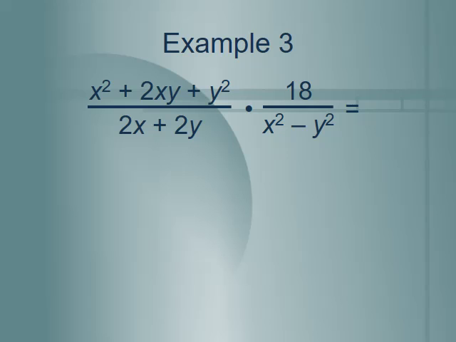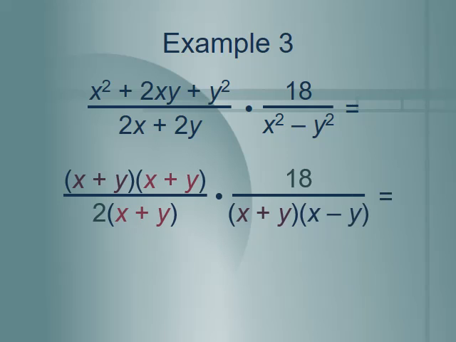So let's look at this example. We can factor out some things here. If we go ahead and break this into two sections, we have an x plus y that are across from each other. And we also have our 2 and our 18.